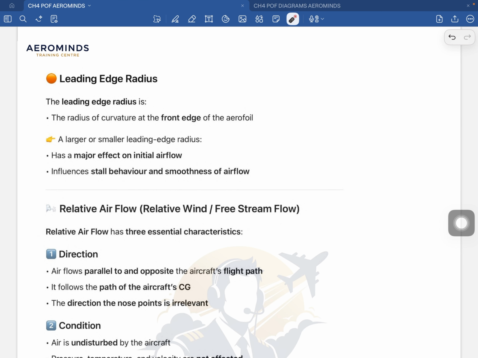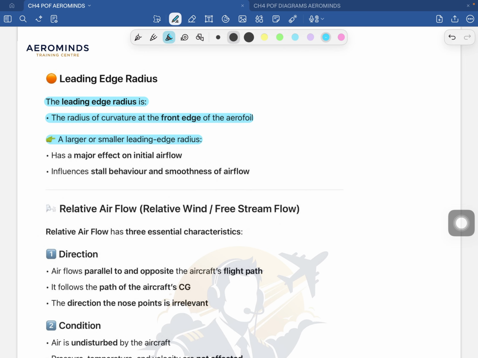Remember, the leading edge radius is the radius of the curvature at the front edge of the aerofoil. In simple words, it tells us how rounded or how sharp the front of the wing is. A larger or smaller leading edge radius has a major effect on the initial airflow.